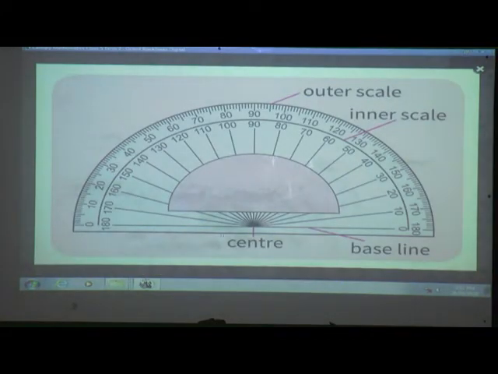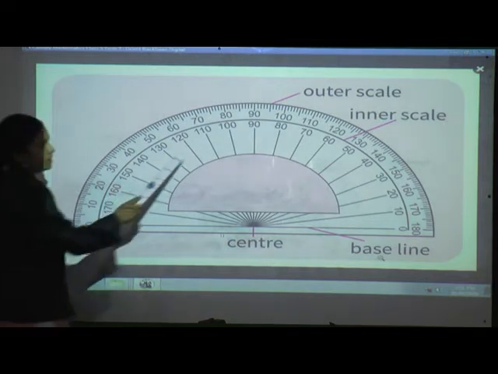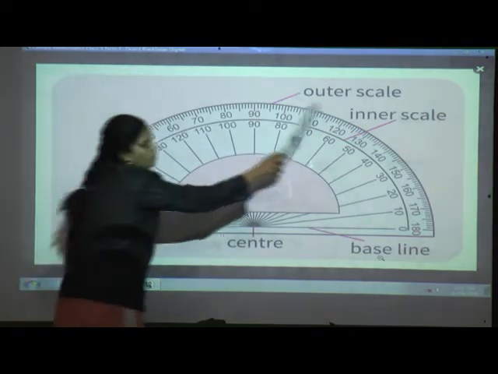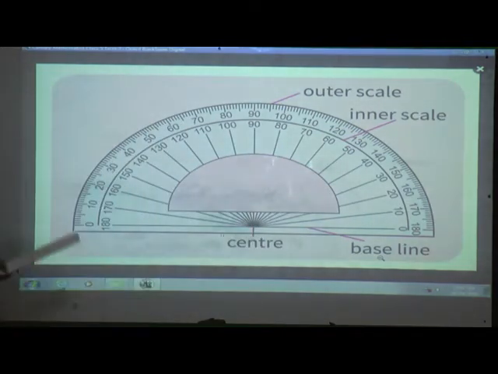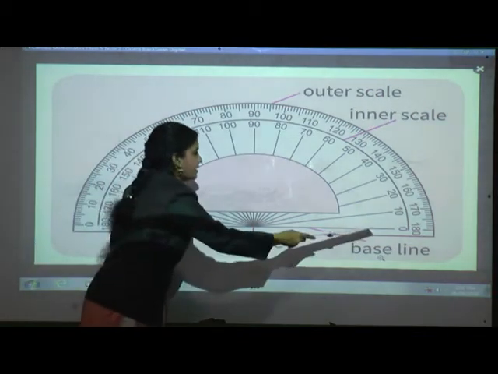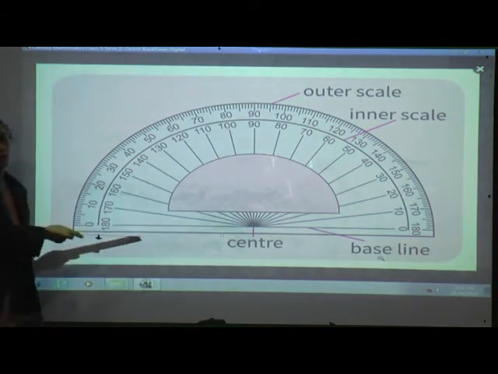The protractor has 2 scales on it. This one is the inner scale and this one is the outer scale. So this is the center of a protractor and this line is the baseline of a protractor.